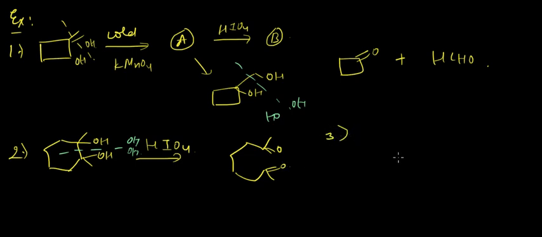Let's look at another example wherein we have something like this. Okay, and we have CH2OH. Okay, now again we will cleave this bond, and on both sides of the bond we'll be getting OH attached, so we'll be getting something like this.